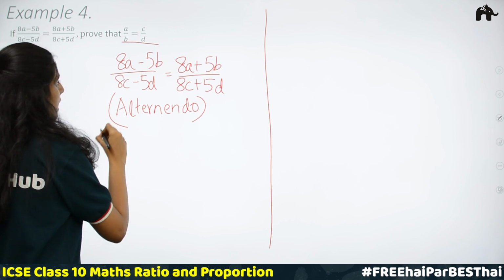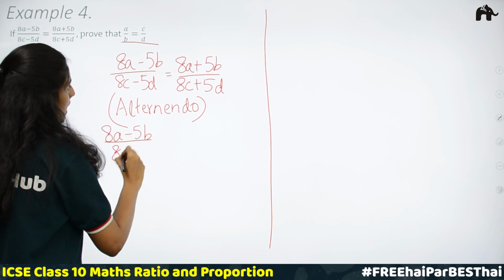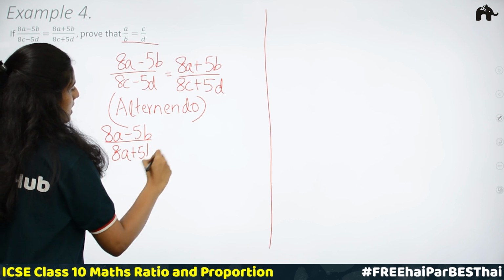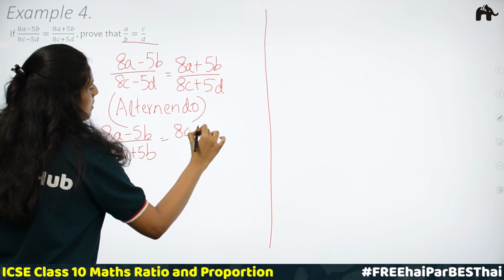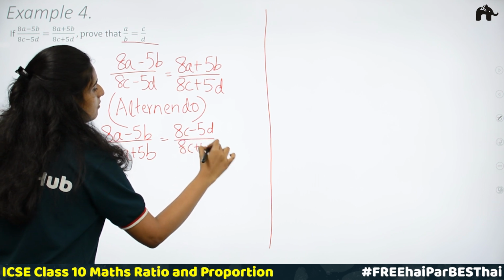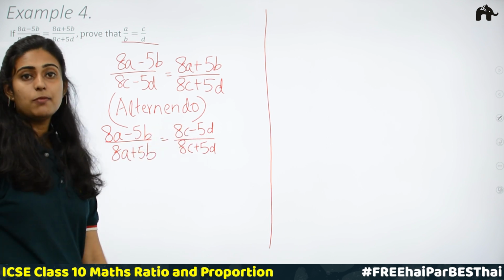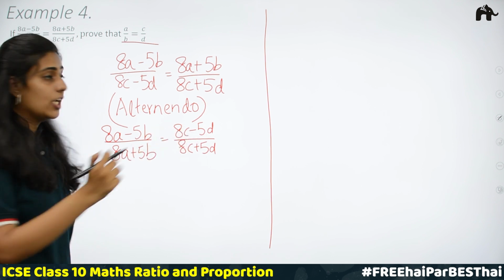Then we get (8a minus 5b) divided by (8a plus 5b) is equal to (8c minus 5d) divided by (8c plus 5d). Okay. Now simplification is easier. We can apply directly the componendo and dividendo property.